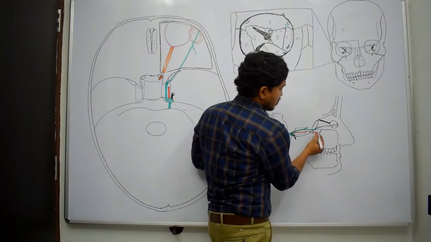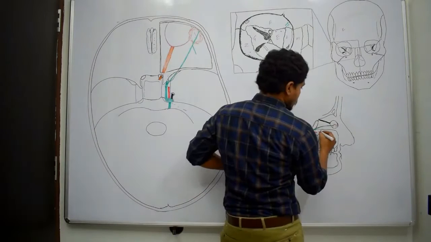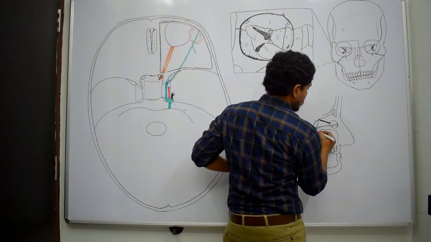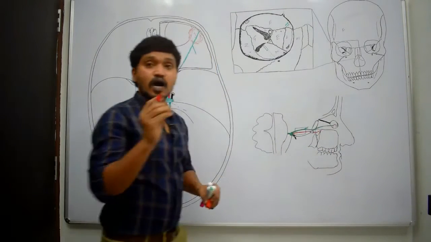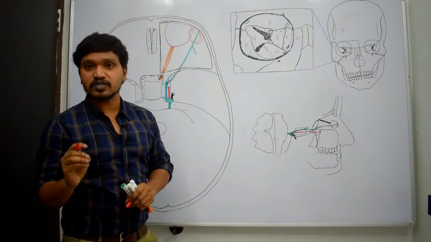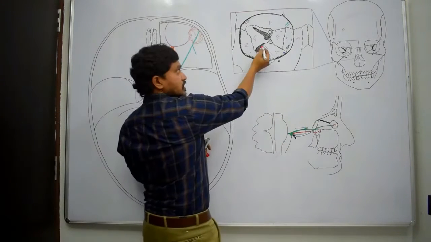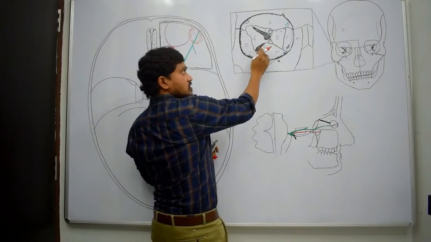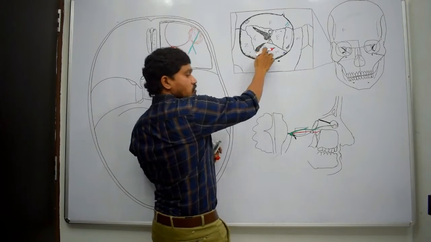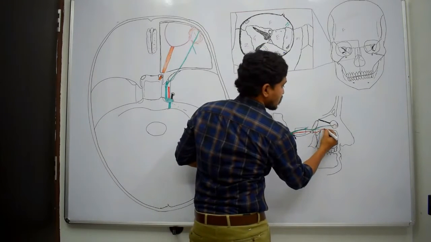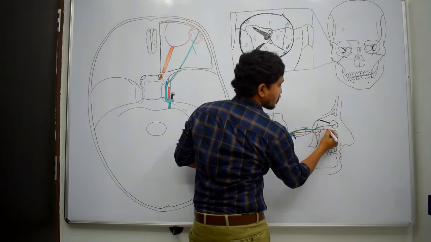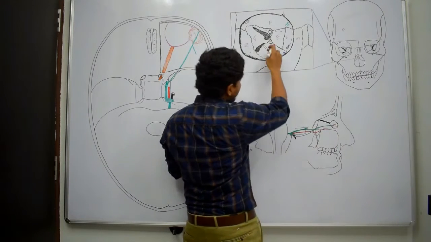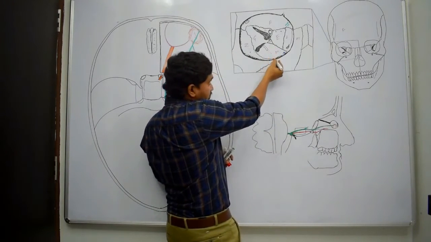This is the maxillary nerve. It continues as the infraorbital nerve. It comes out from here and passes through the infraorbital groove. First it passes through the infraorbital groove, then through the infraorbital canal.